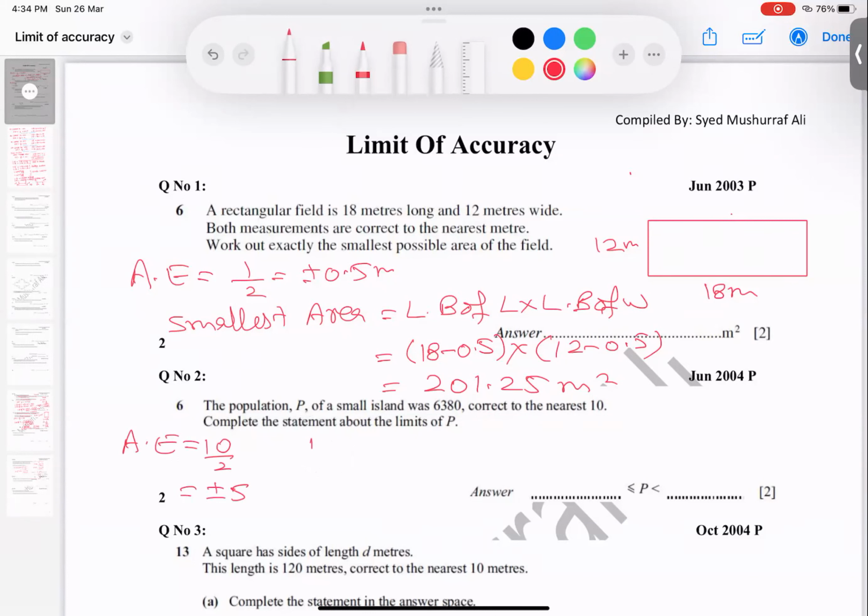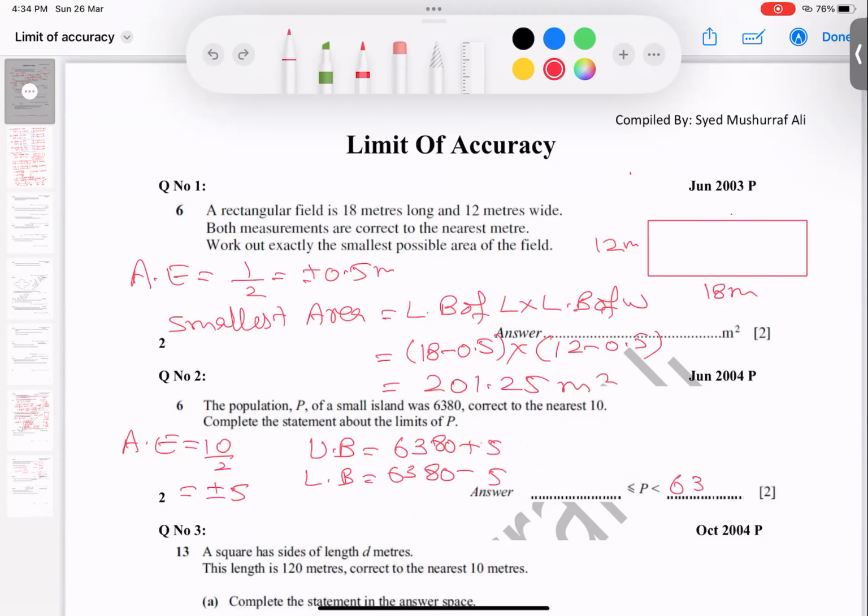Upper bound we can find by adding, and lower bound by subtracting. I get the highest value is, sorry, 5, not 10, because I got 5 here.